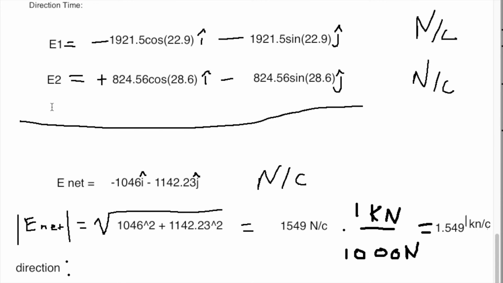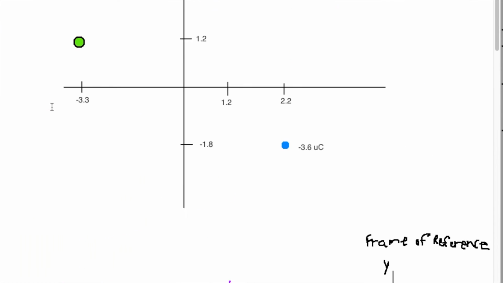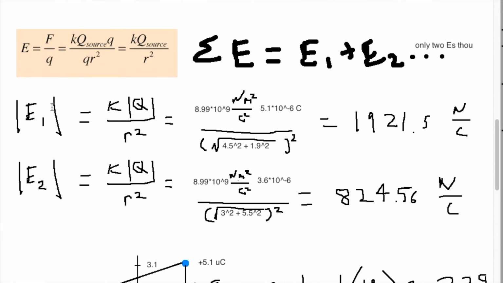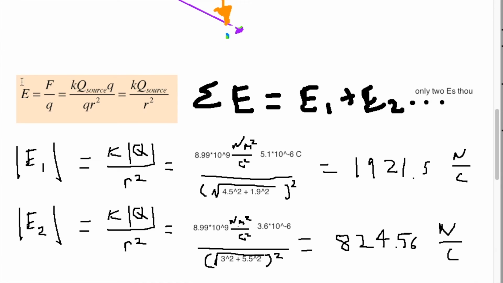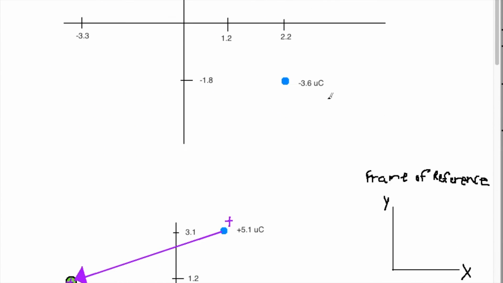The first formula is this one right here: the magnitude of the electric field of a point charge is equal to K multiplied by the Q from the source divided by the distance, or R squared. The second formula is the net electric field is equal to the sum of its parts, and we only have 2 in this case. So I drew a diagram here.